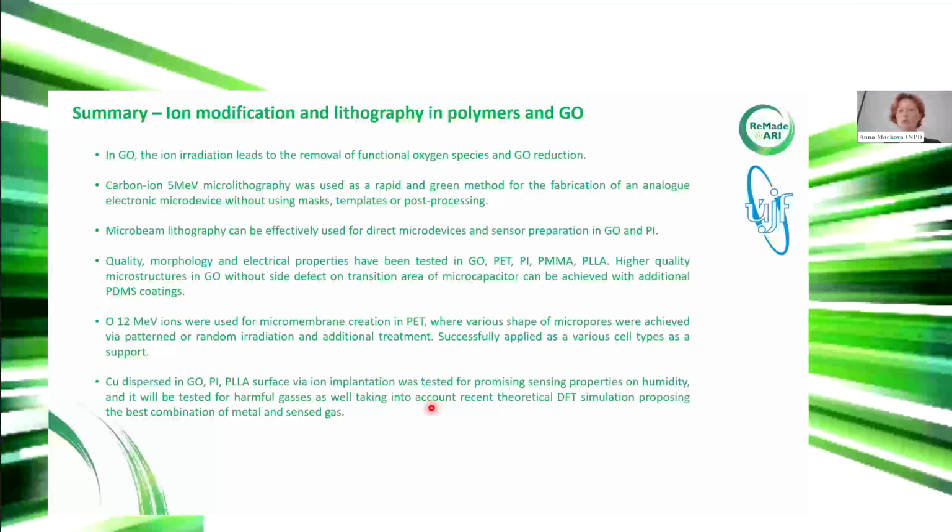We can use microlithography with MeV ions as a rapid green method for fabrication of analog electronic micro devices, such as a micro-capacitor, which is a small, flexible energy storage and can also work as a sensor. This microbeam lithography was also effectively used for direct preparation of a sensor, as I told before.